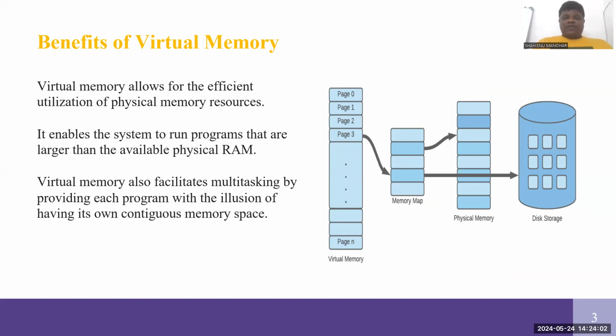The combination of dynamic runtime address translation and the use of a page or segment table permits this. If these characteristics are present, then it's not necessary for all the pages or segments to be present in the main memory during execution. This means that the required pages need to be loaded into memory whenever required. Virtual memory is implemented using demand paging or demand segmentation.